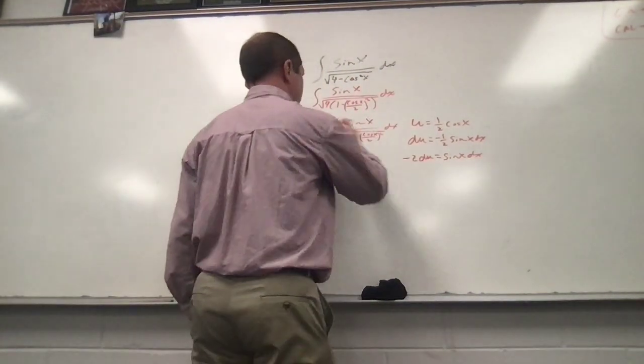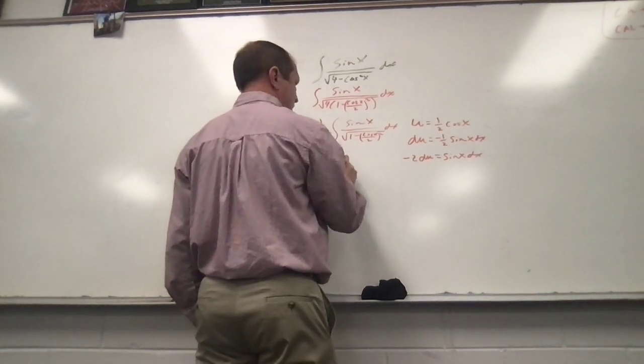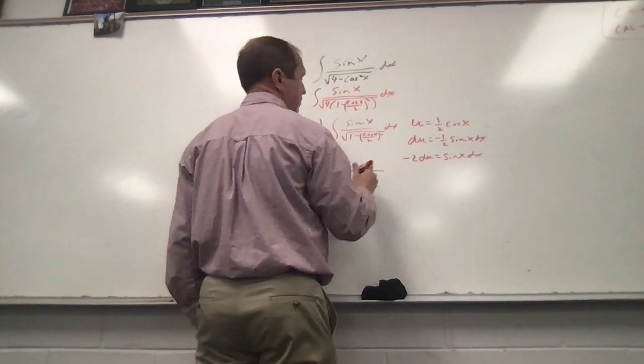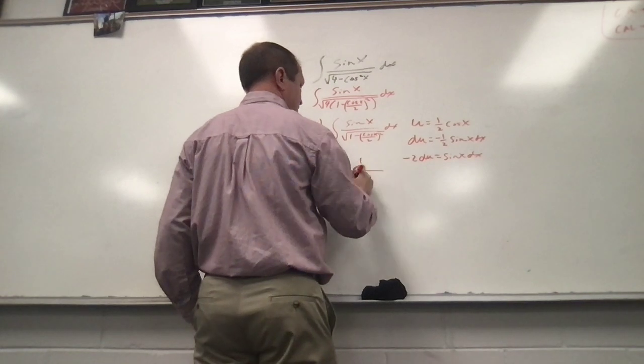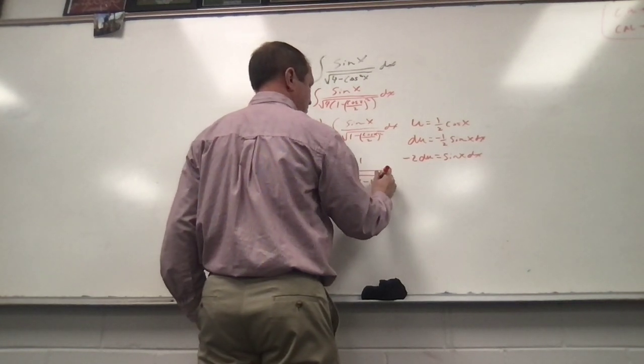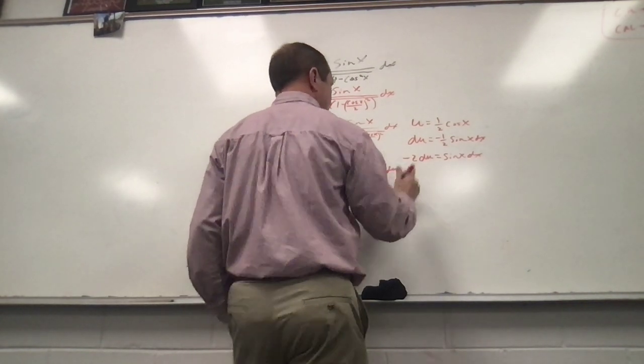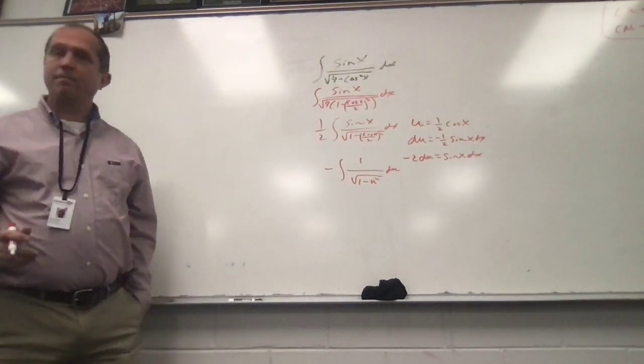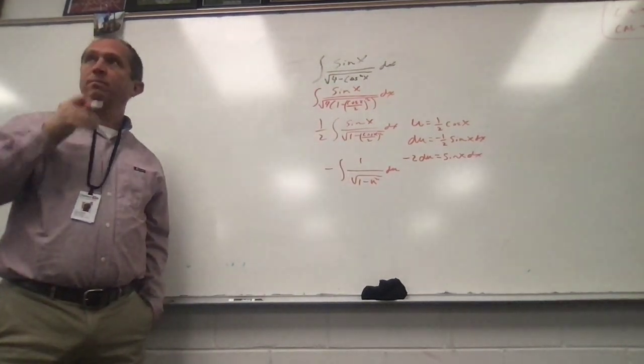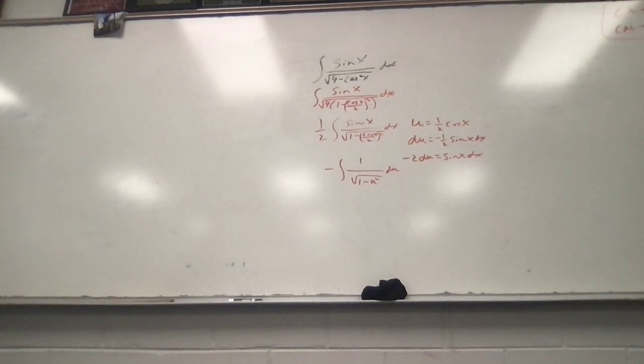So pull the negative 2 out front, so we've got the negative of 1 over the square root of 1 minus u squared du. What's that in the form of? Inverse sine.